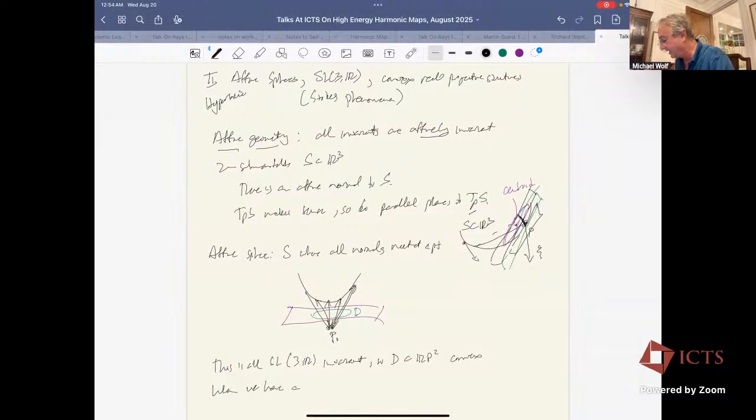When we have a group action on, say, D or S, then we get some version of an equivariant map: either a so-called convex real projective structure on the quotient of D by that group action, or a surface S in space on which the group acts equivariantly.